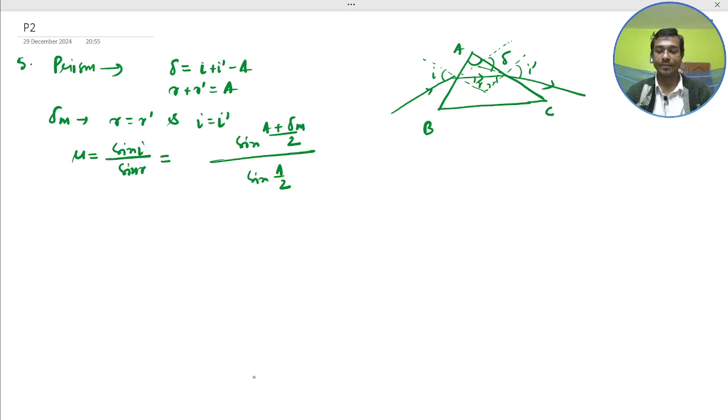For a thin prism, delta m would become (mu minus 1) into A.